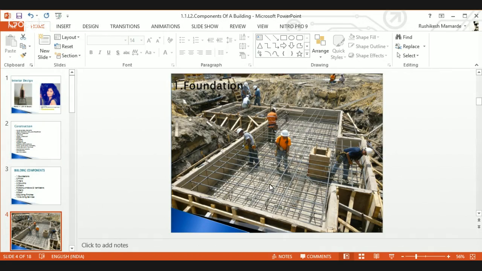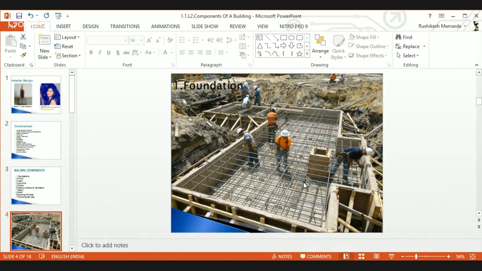When the steel is combined with the concrete and the structure is constructed, that is called RCC. You must be aware of that, right? Everybody is used to using the word RCC, but most of us don't know the long form of RCC. RCC is nothing but reinforced cement concrete.